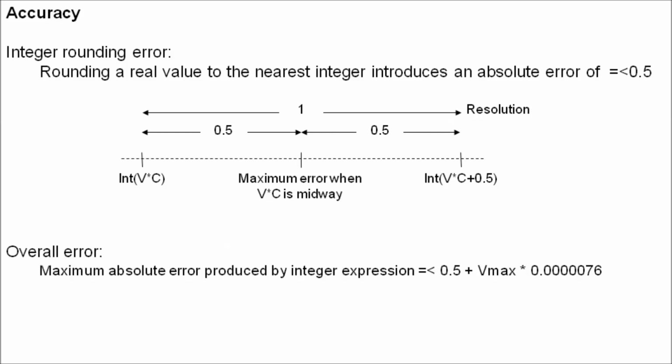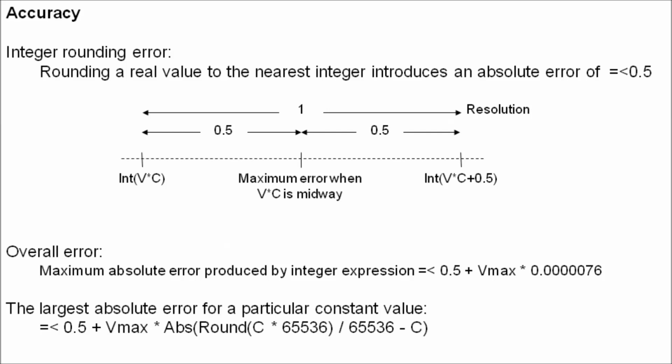So the maximum error produced by the integer expression is a combination of the constant conversion error and the integer rounding error. The largest error that will occur for a particular application depends upon the value of the constant and the maximum value of the variable.